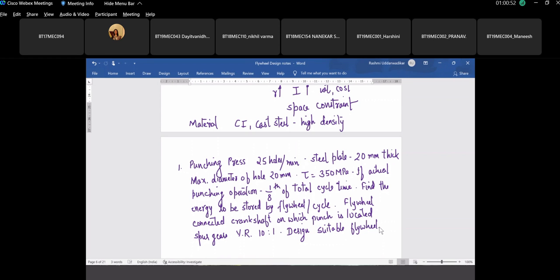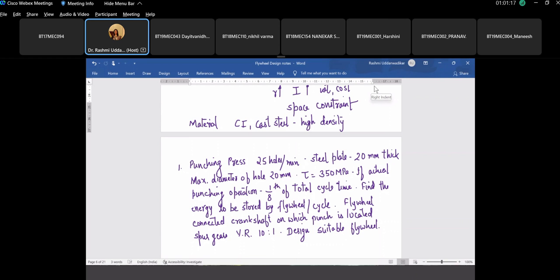So we are not solving it now. We'll start solving this problem in the next class. Can you tell me what is the RPM of the crankshaft on which this punch is mounted? RPM of crankshaft? From the problem statement, can you make out 25?